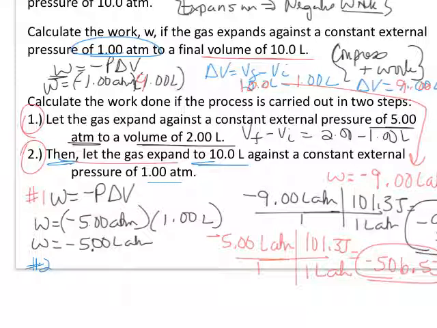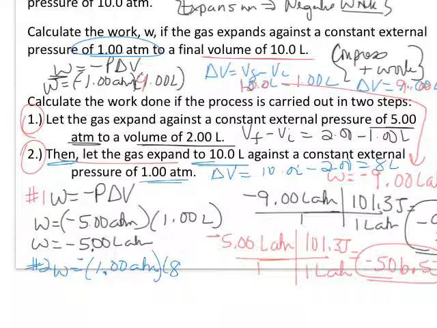So number 2, what's our delta V? 10 liters, and we're at 2 liters. So this is going to be 8 liters. And we're doing this one at a pressure of 1.00 atmosphere. So I've got negative 1.00 atmosphere times 8.00 liters.